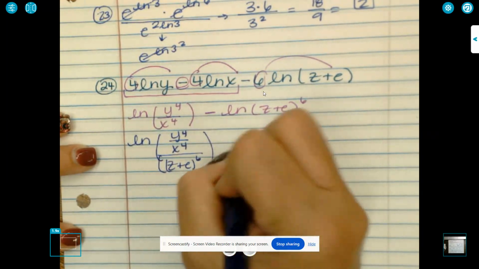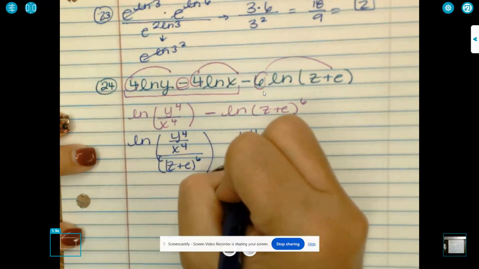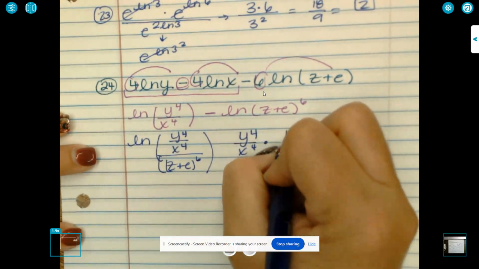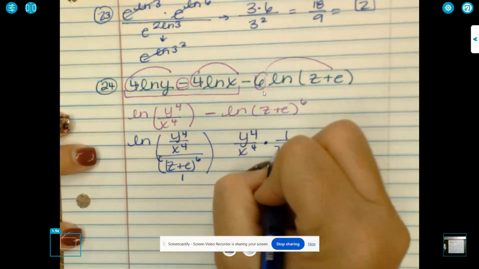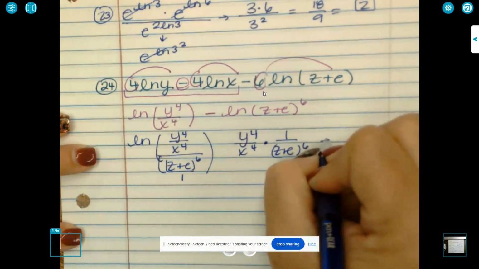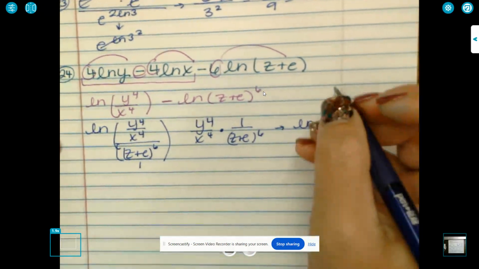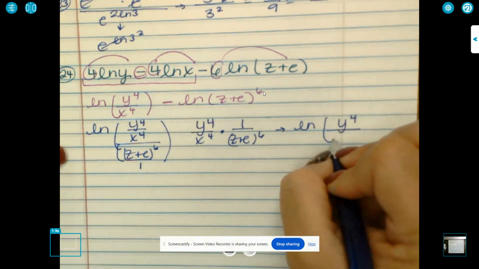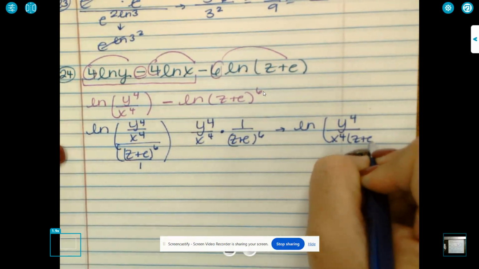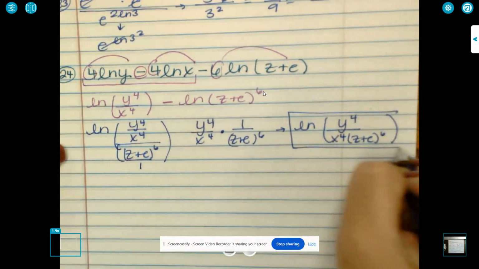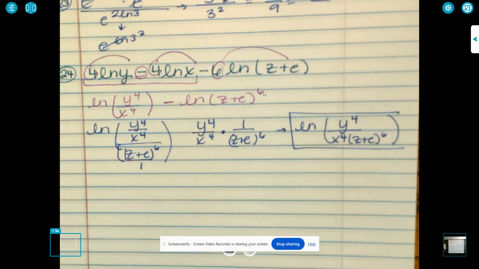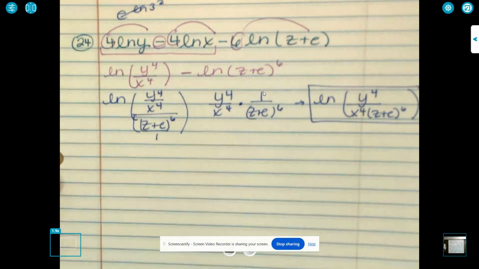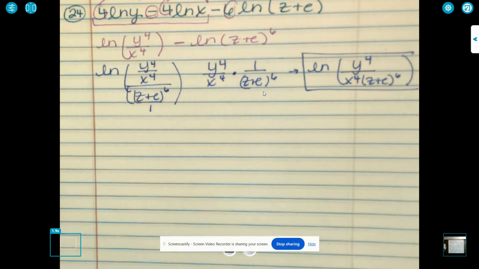So if we keep, change, flip, because that's over 1, you're going to end up with ln y to the 4th over x to the 4th times z plus e to the 6th.